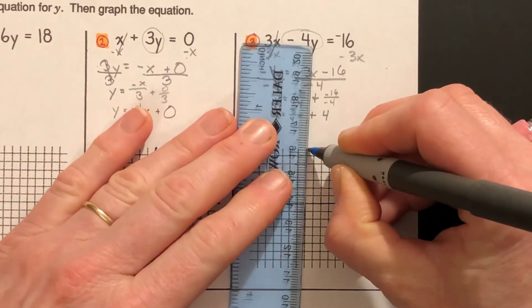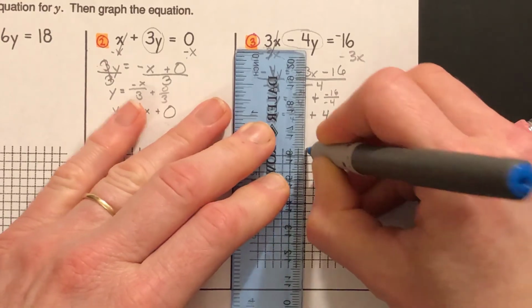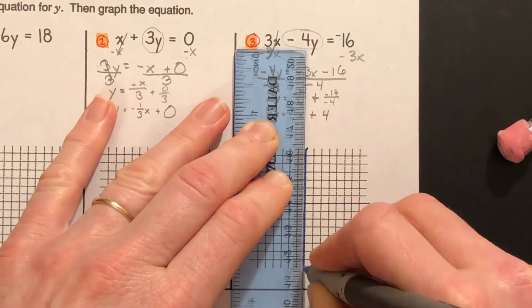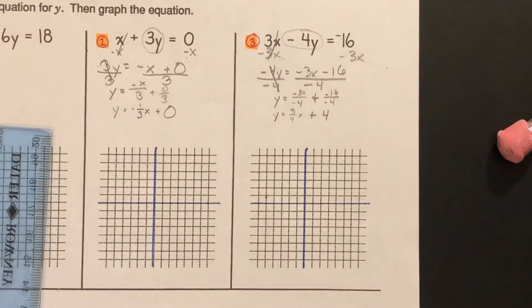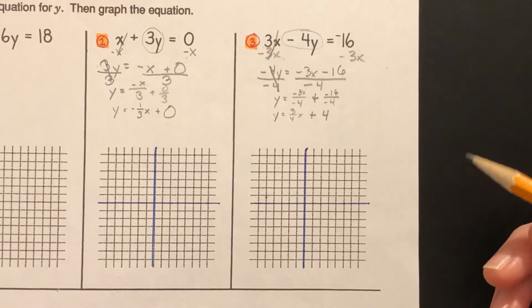It's okay if it's not perfectly in the center. I'm going to try to get it, but every now and then when I do these, I have 3 on one side and 4 on the other. But as long as I have enough points to plot the line, we're fine.